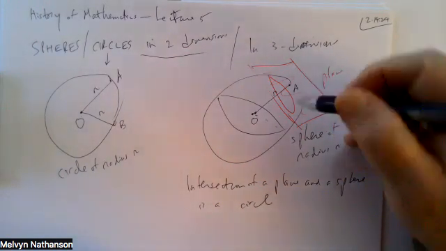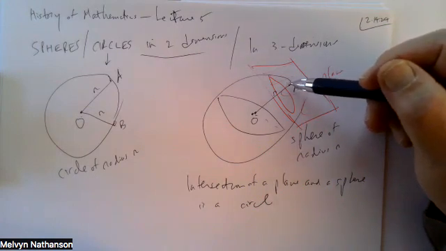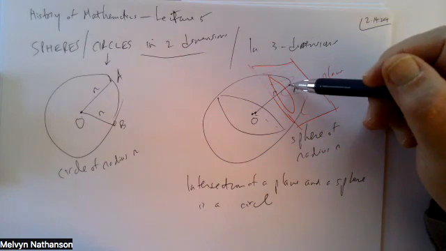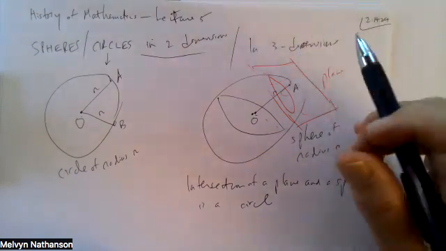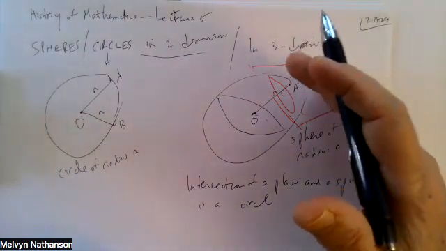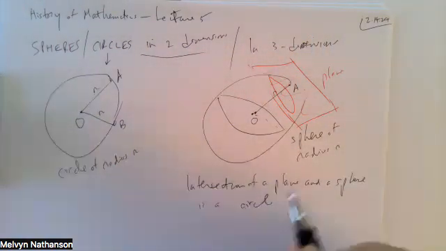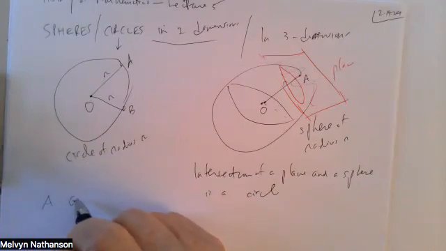And if you cut the plane through the sphere very close to where it would be tangent, you get a small circle. And as you cut the plane through the sphere and the planes get closer and closer to the center, you get bigger circles.